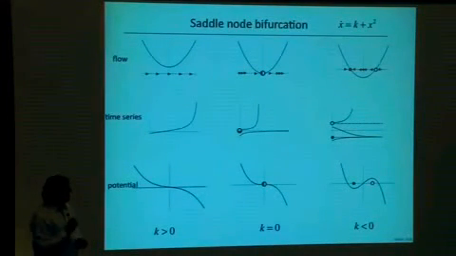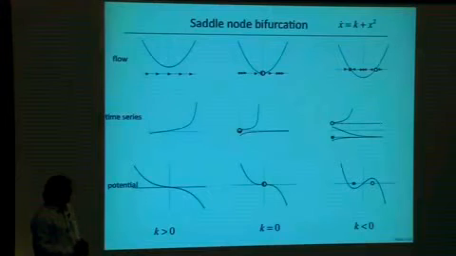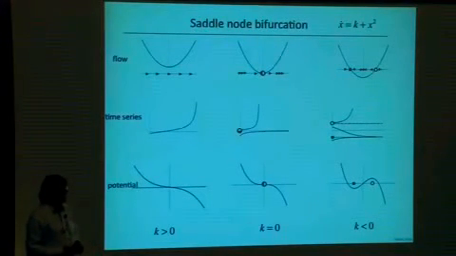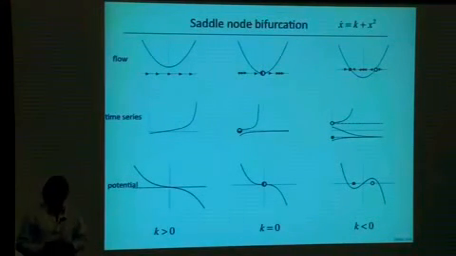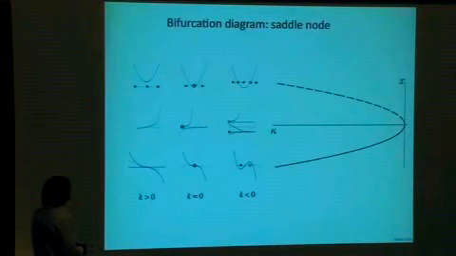One way to summarize all this type of behavior is in the form of a bifurcation diagram. That's another means of visualizing the qualitative dynamics of systems like this. This here is a bifurcation diagram.